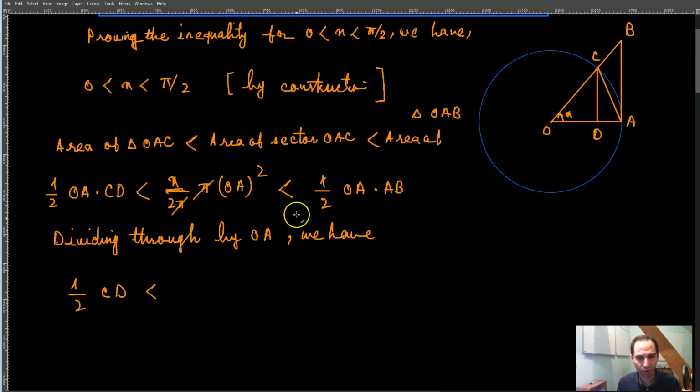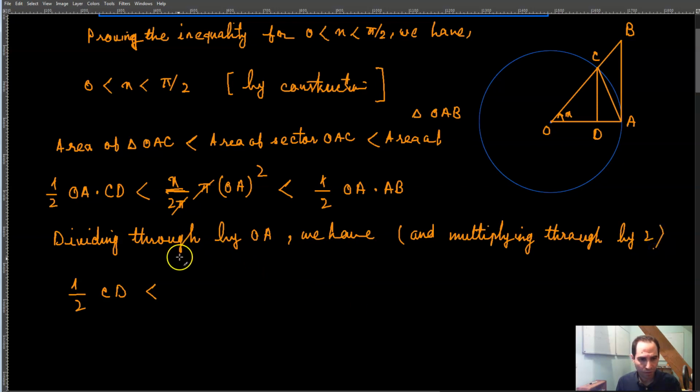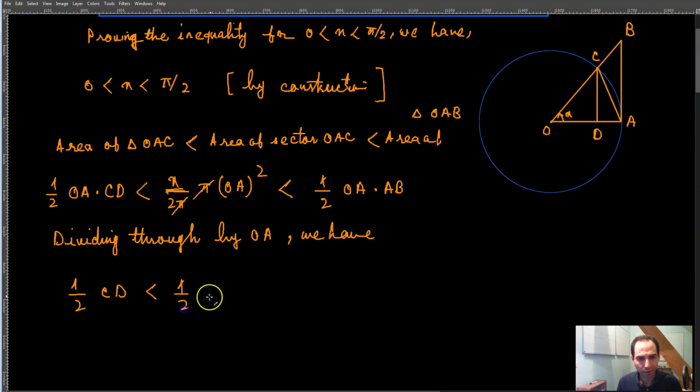and then also multiplying through by 2. So let's do the division part first, and then we will multiply. You have 1/2 times x times OA, and then divide by OA.